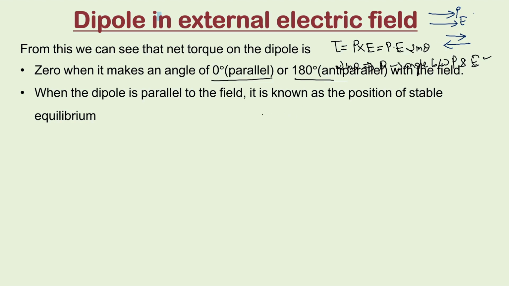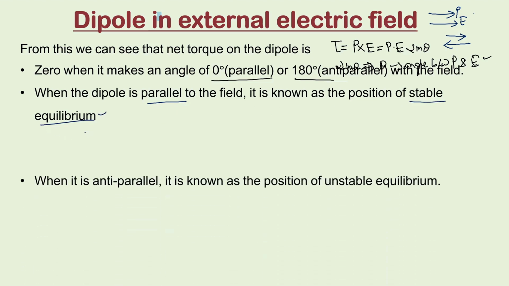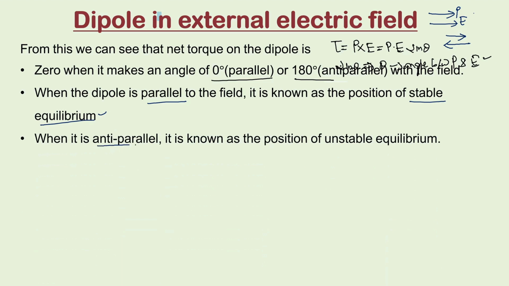When a dipole is parallel, it is called stable equilibrium. When the dipole is anti-parallel, then it is called unstable equilibrium. It means that if the angle between dipole moment and external electric field is 180 degrees, then it is called unstable equilibrium.